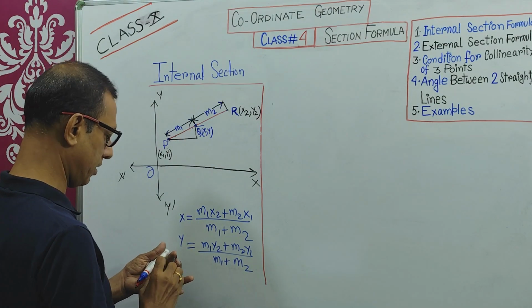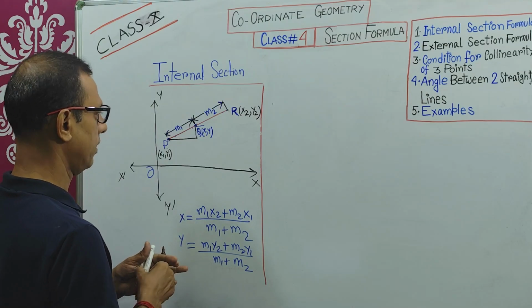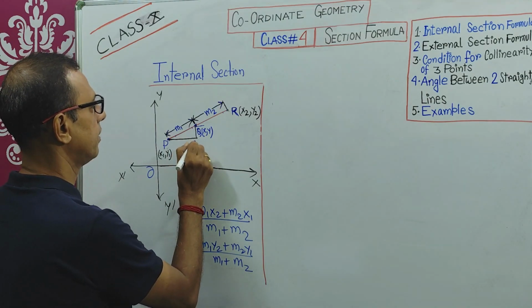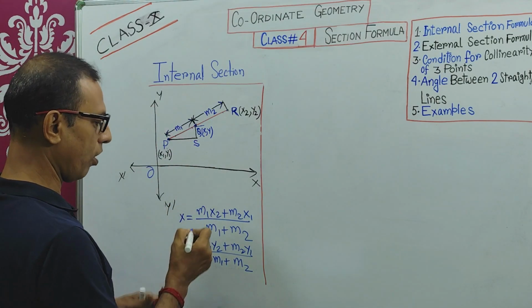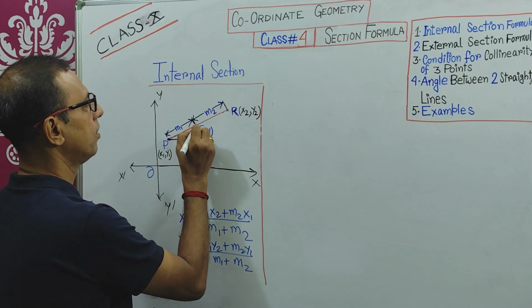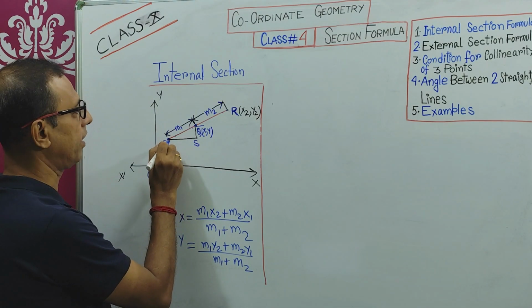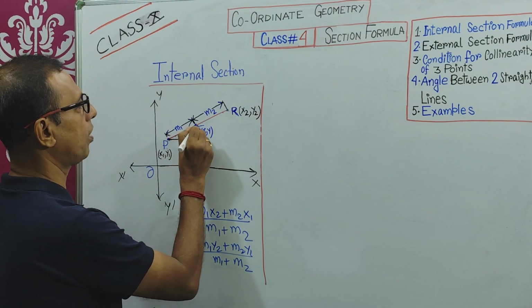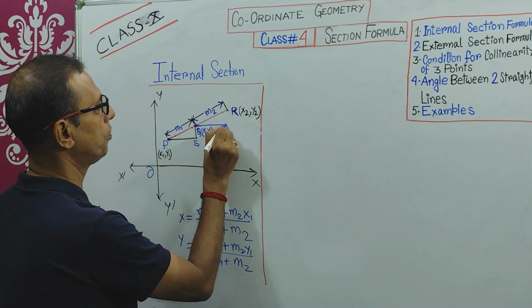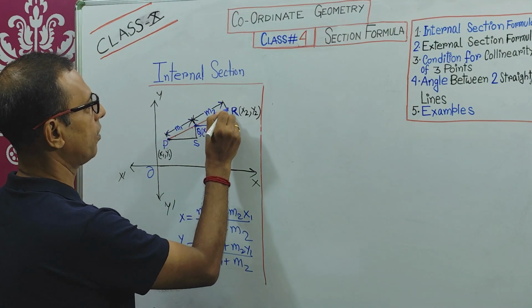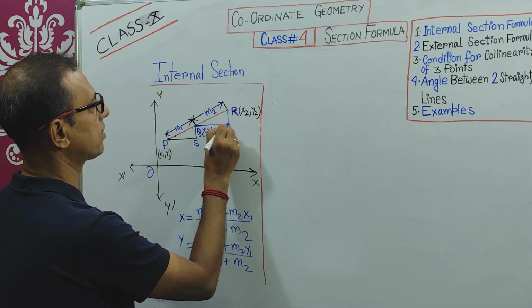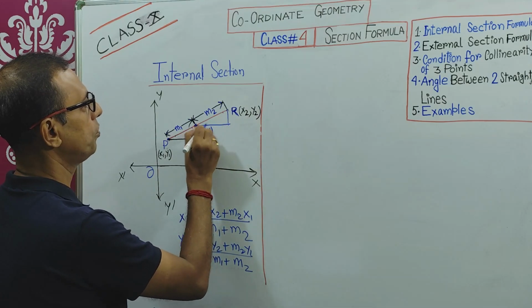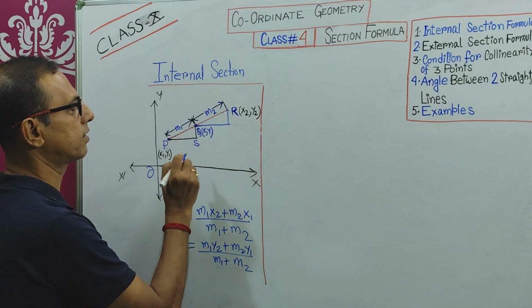Let's say this point is S, and similarly we'll also draw a parallel line to the x-axis from point Q. This one we have drawn the parallel line from P, and this one we will draw from point Q, parallel to the x-axis, and from point R we will draw a parallel to the y-axis, which is obviously perpendicular to this parallel to the x-axis line, right?